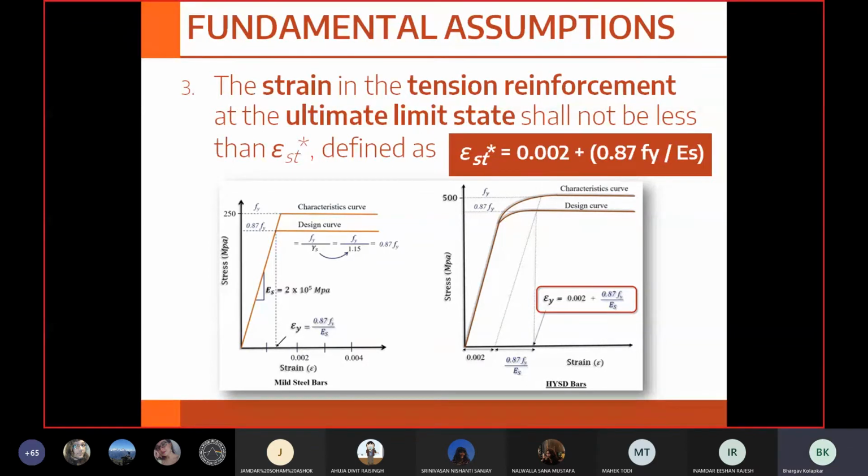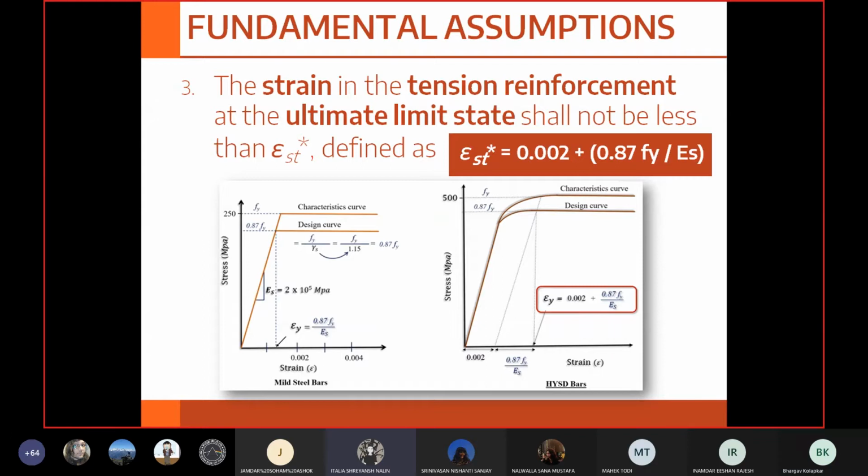So this assumption imparts ductility to the member. Can you repeat once more?